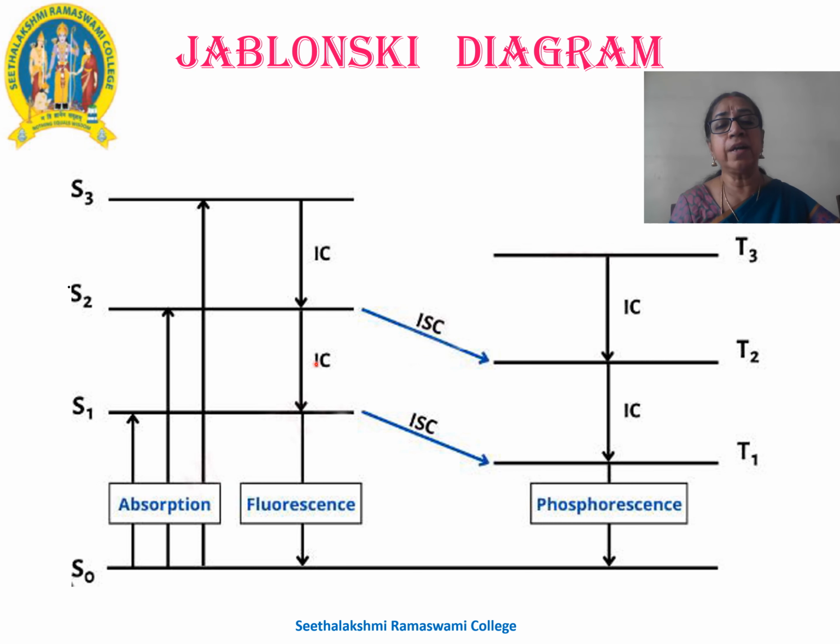After attaining S1 or T1, they return back to the ground state. If the return back is from S1 to S0, the process is called fluorescence. If the return back is from T1 to S0, the process is called phosphorescence. We shall see in detail about fluorescence and phosphorescence in the forthcoming slides.